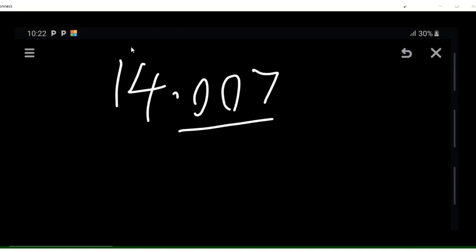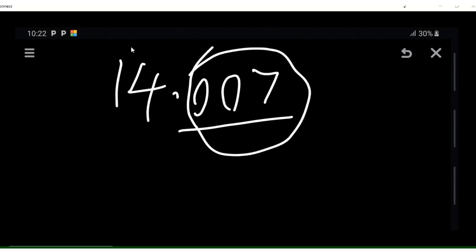This is the mass of nitrogen. These decimal numbers here are the atomic masses in AMU.